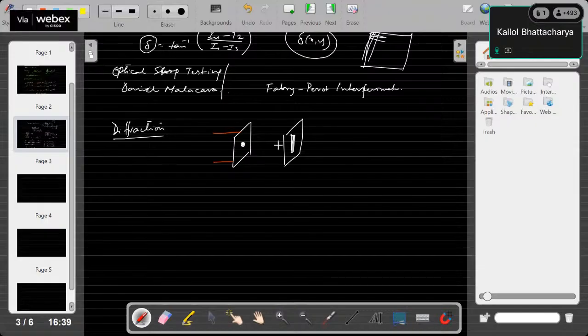So according to geometrical optics, we would expect that only in this region we would get light. If you put a screen here, you would get only a circular patch of light if it's a circular aperture, and here you would expect just a replica of the slit, okay? Because light cannot pass through other regions. But strangely, what happens is, here you would see a pattern which is something like this.